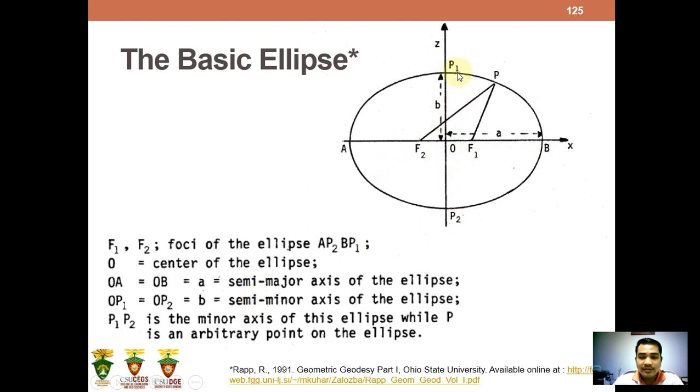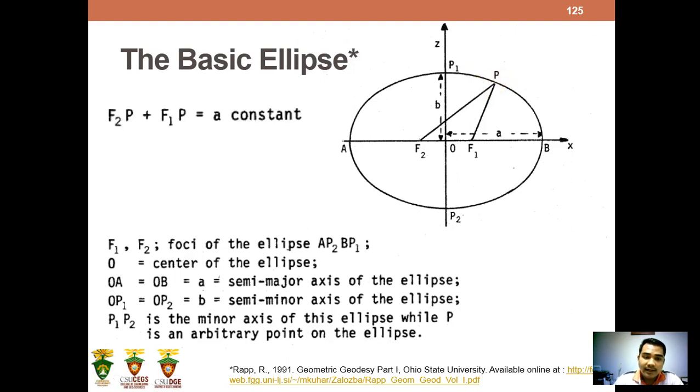We consider that P1 to P2 is the minor axis of the ellipse, and P is an arbitrary point on the ellipse, which could be some part of the Earth where someone is standing, or a position taken.